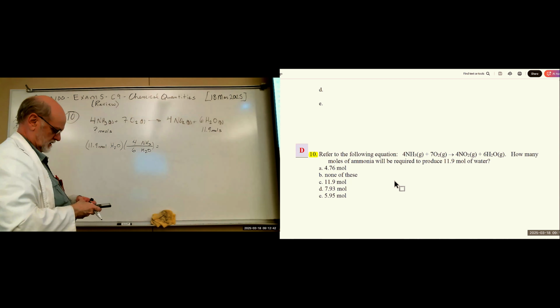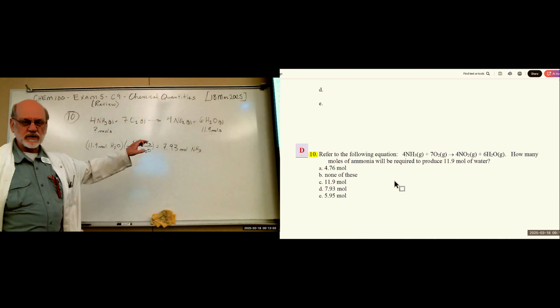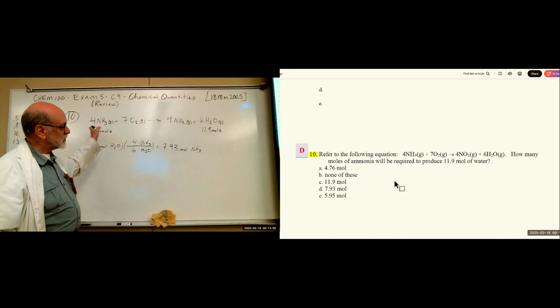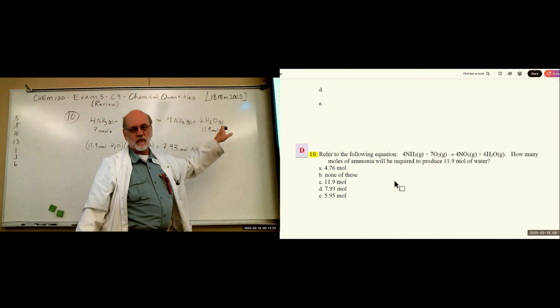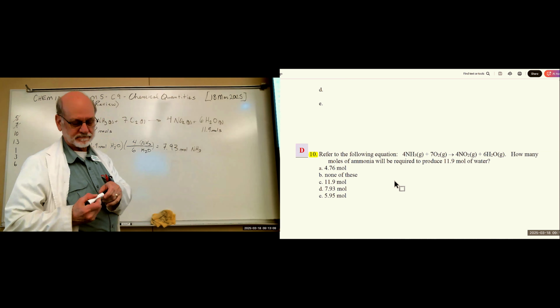The water cancels, leaves us with ammonia. That's how many moles of ammonia will be required to produce 11.9 moles of water in this reaction.